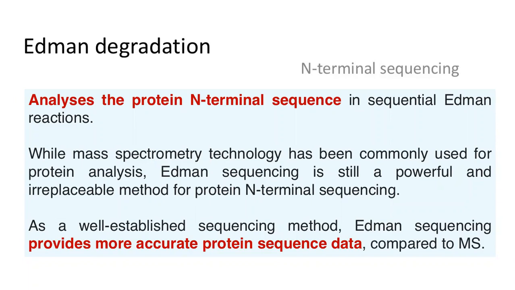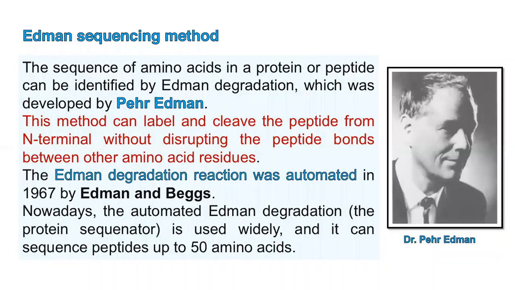It is a well-established sequencing method, and it provides accurate protein sequence data; sometimes, compared to mass spectrometry, it gives even more accurate protein sequence data. So this is Edman, the person behind this sequencing method, and we call this process the Edman degradation process of amino acid sequencing, or protein sequencing.